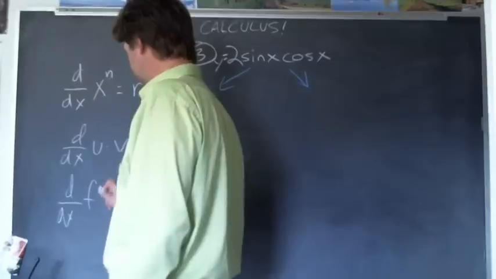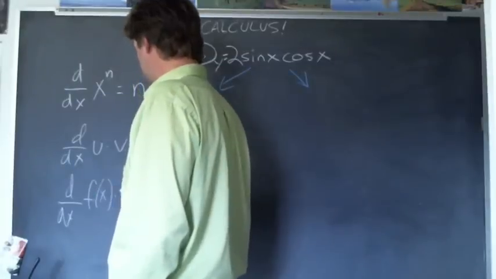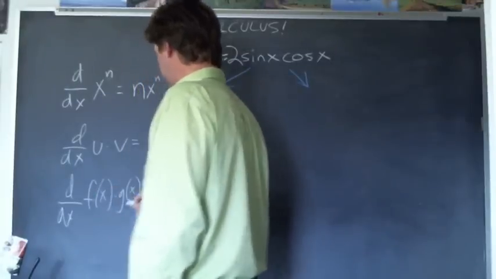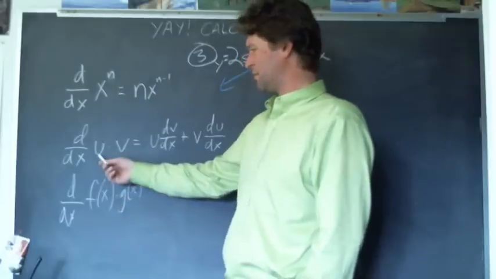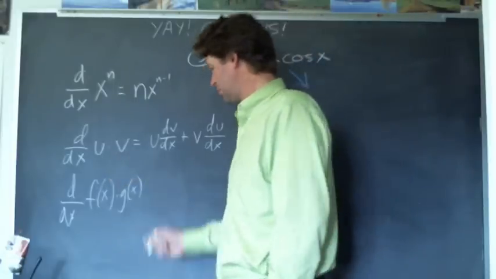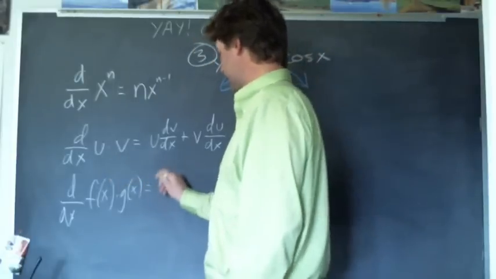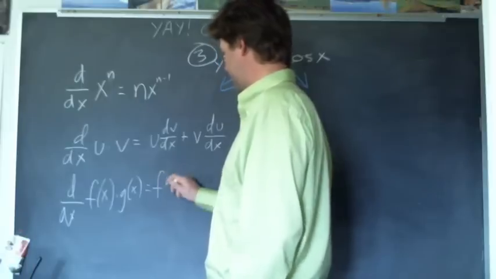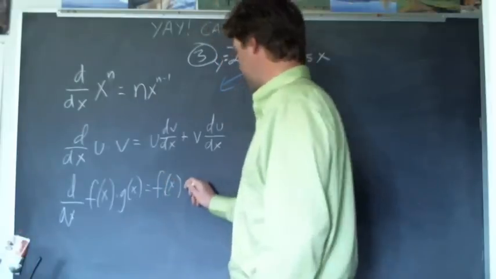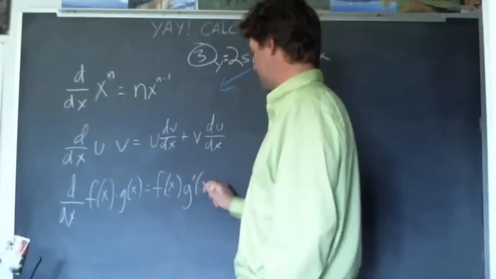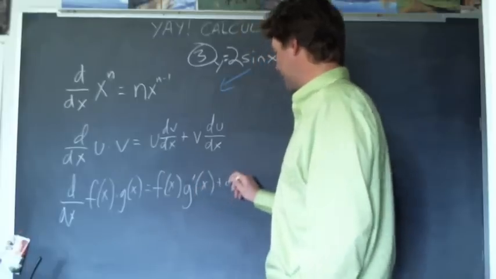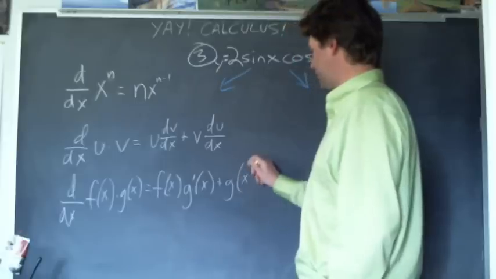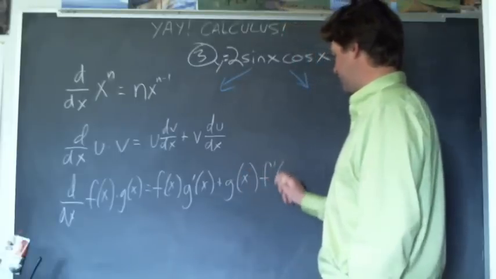Product rule is also done if we have two functions. So it's the same thing: the first times the derivative of the second plus the second times the derivative of the first.